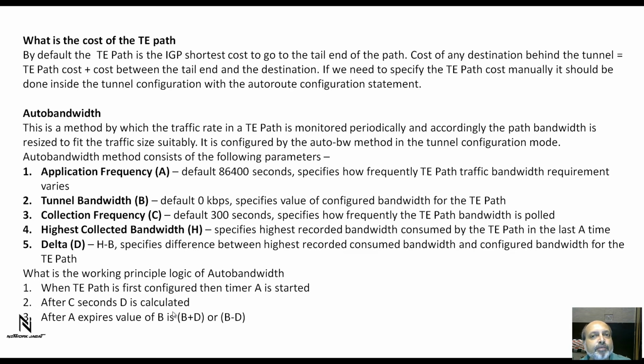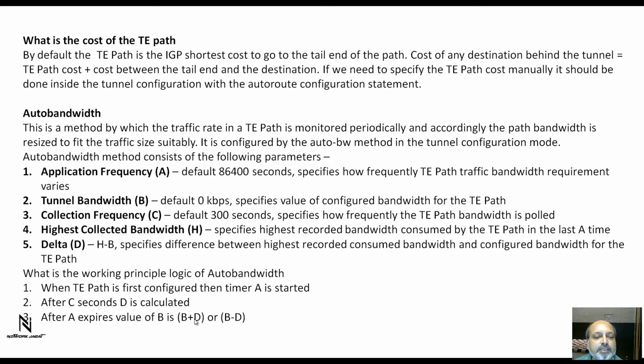And after every 5 minutes, I am calculating the delta, that is, the H minus B value. After A expires, that means after the entire 1 hour gets completed, the value of this bandwidth is B plus D or B minus D, right?